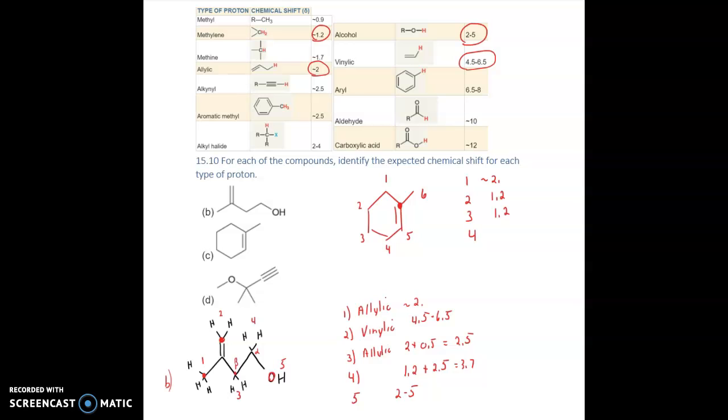4, though, these are allylic to the double bond. 1 away. Here's a double bond. We are 1 away from that double bond, and so we're allylic, and we expect to see that around 2.